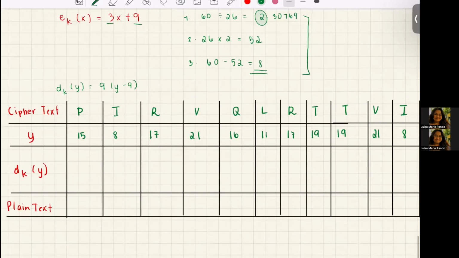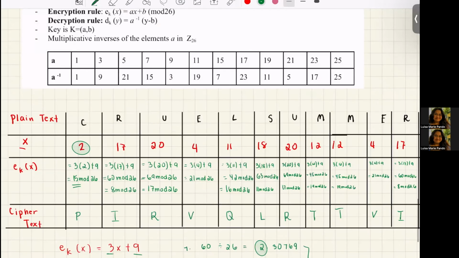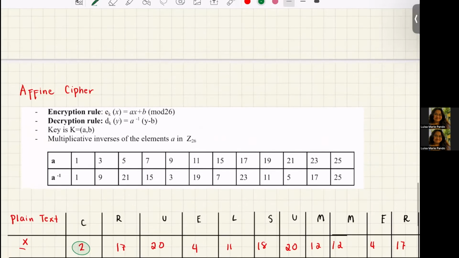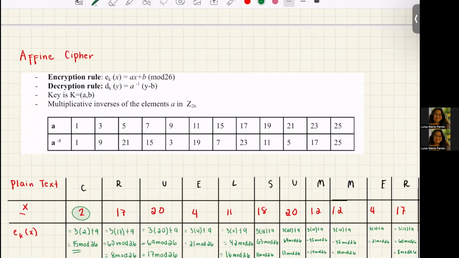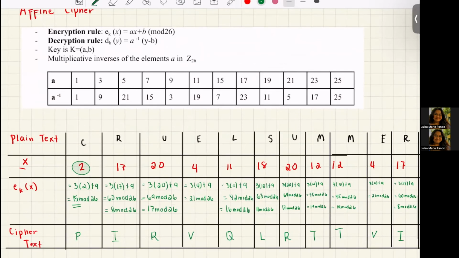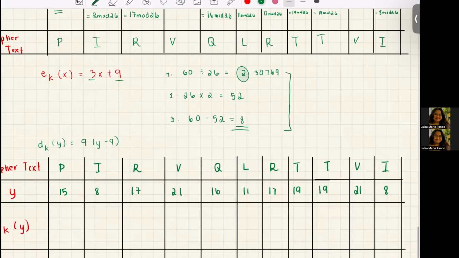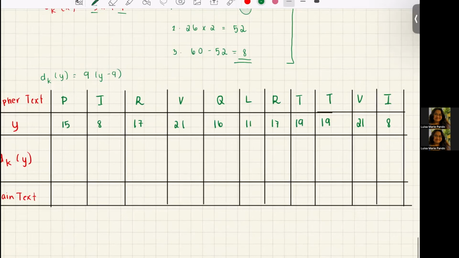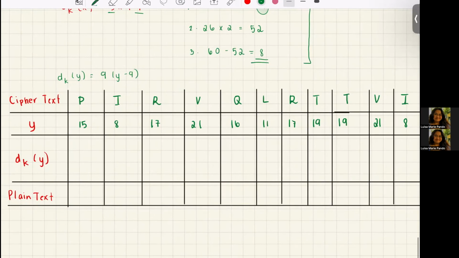See, kasi 'di ba, ang ating A is 3 dun sa ating example. Ang inverse ng 3 is 9. See, ayan silang dalawa. So this table should also be memorized, or you should always have a copy of this if you want to encrypt and decrypt using Affine Cipher.